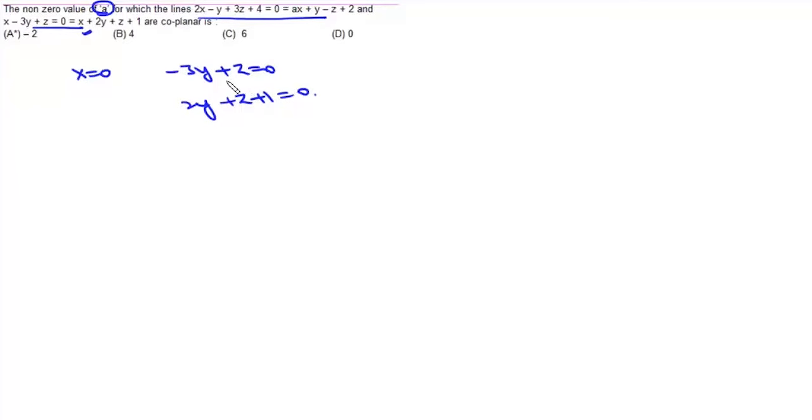Now z is equal to 3y, so we'll get y as minus 1 by 5, and z will be minus 3 by 5. So one of the points on this line will be (0, minus 1 by 5, minus 3 by 5).